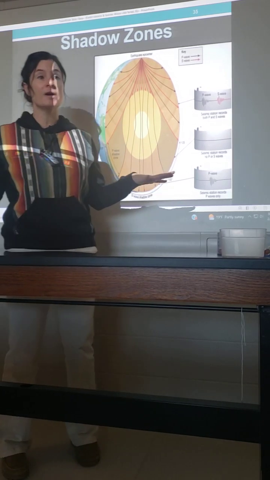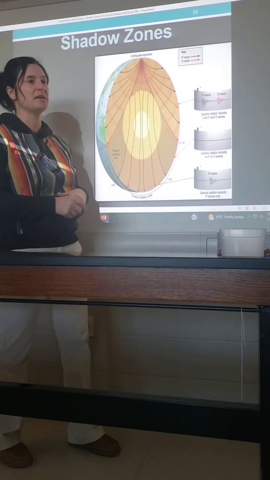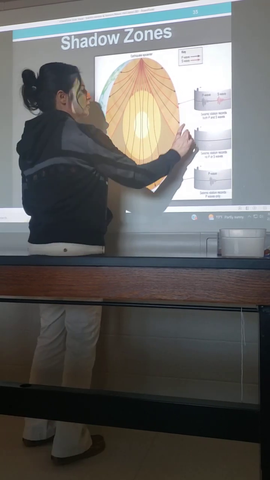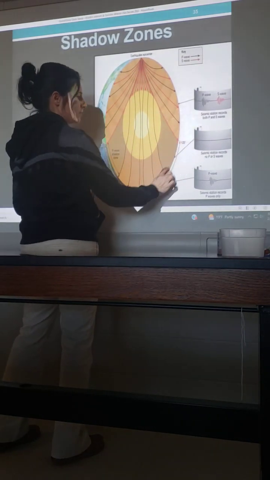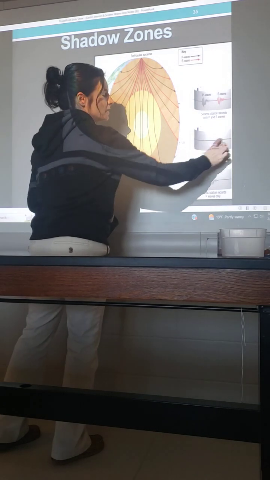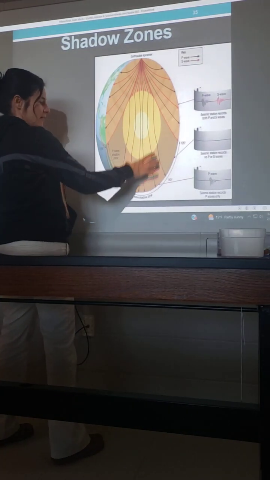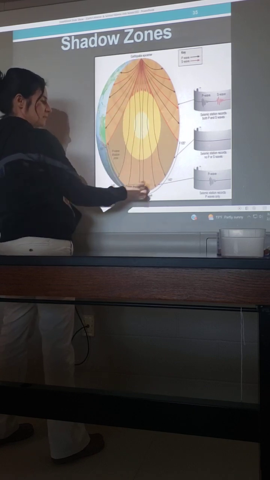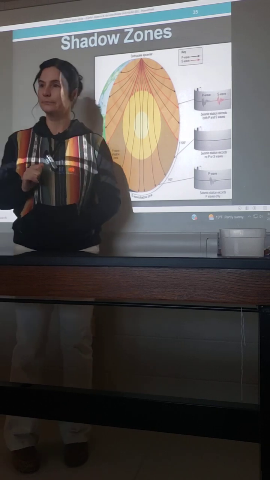They don't even know an earthquake is taking place anywhere, right? Anywhere else, you're gonna at least get some P or some S waves. So here you're getting P and S waves, right? Here you get nothing, and you can see that from the data that would be collected at any of those stations. And then the P wave, they're able to be exactly opposite, but you don't see any of the S waves because they got blocked from that outer core.